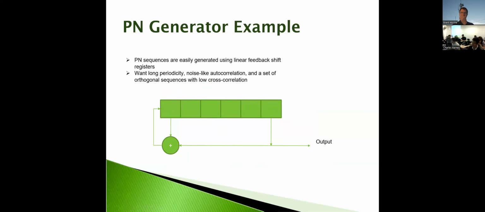As an example, we often use linear feedback shift registers to accomplish this. This shows you some sort of code. You start maybe with all zeros, and you put a 1 in here, and you start moving that down. You may peel off the last bit and the first bit, add those together modulo 2, and stick that into your input again.